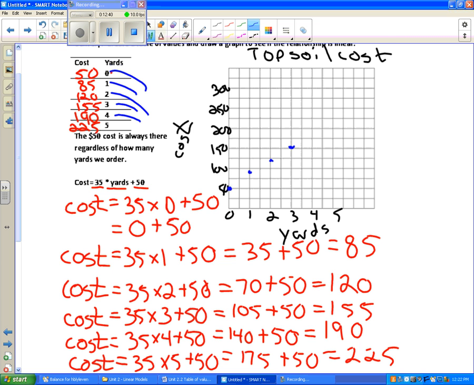And 5 and 225 is going to be, let me make sure I get the right spot here. We are right on that line. I'm going to draw my line. I'm going to see if we have a linear relationship, and it looks like we have a linear relationship.